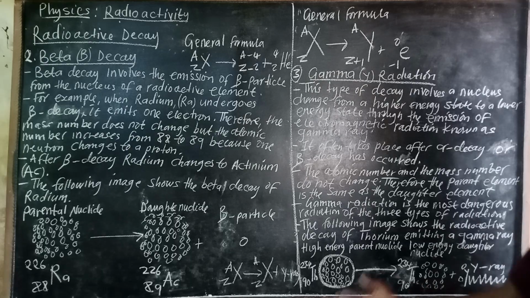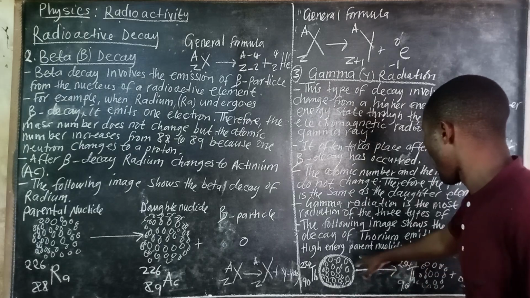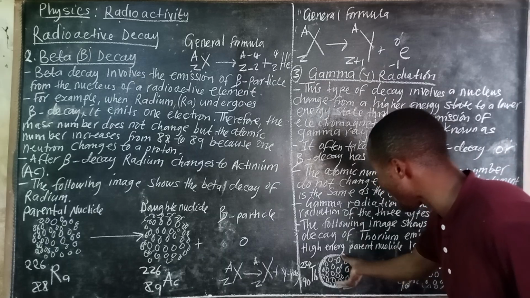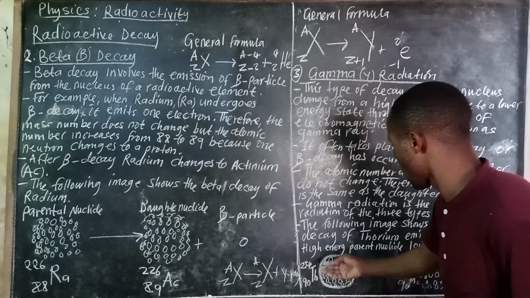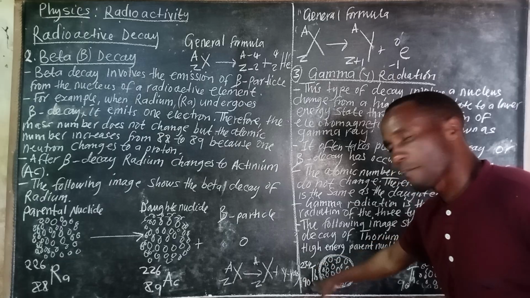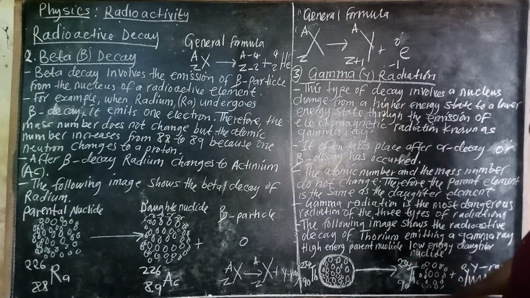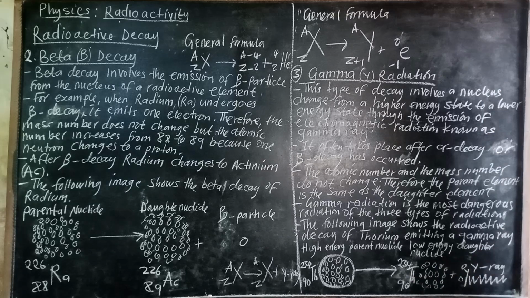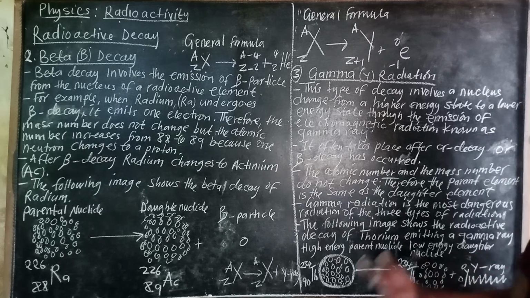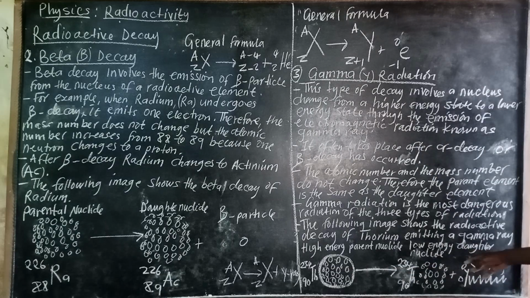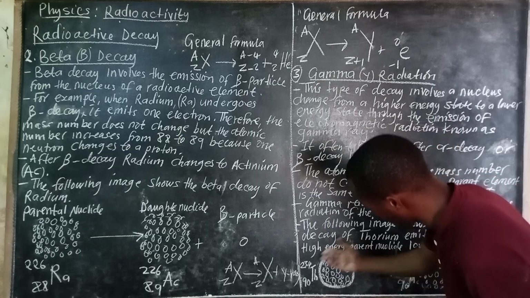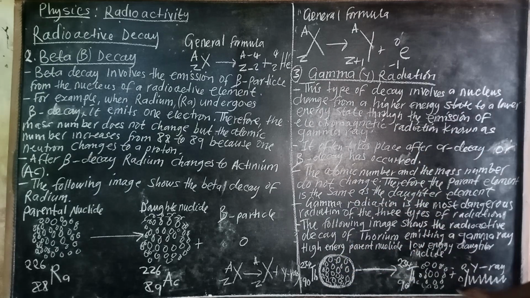The high energy parent nucleus is thorium, with mass number 234 and atomic number 90. This remains the same, because what has been given out is the gamma ray, which is radiation, leaving a low energy daughter nucleus.